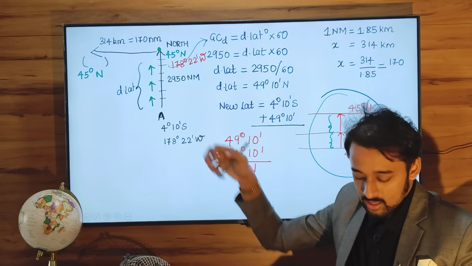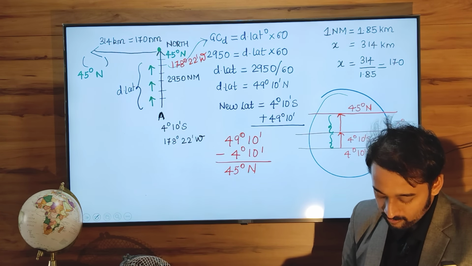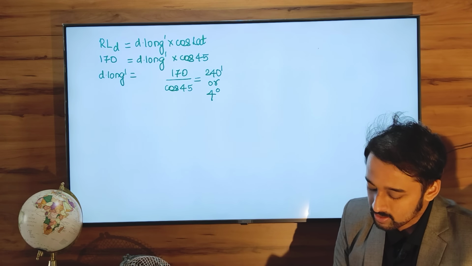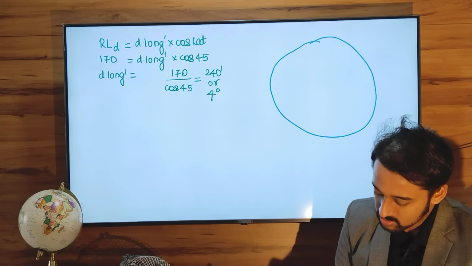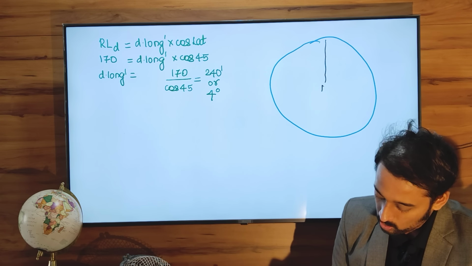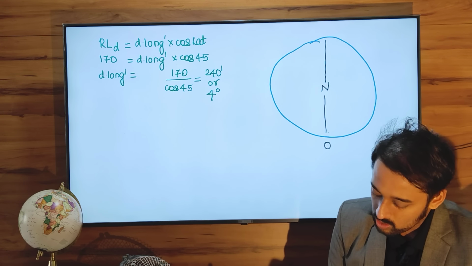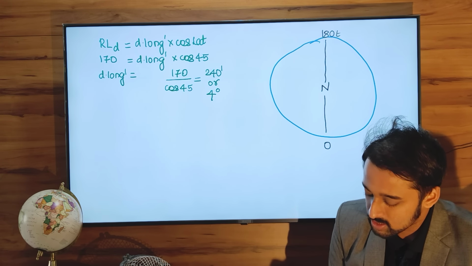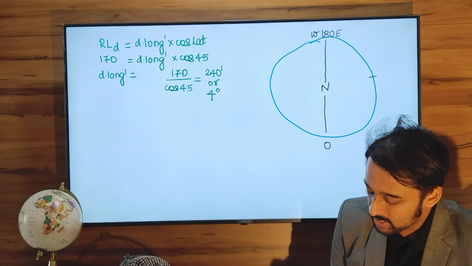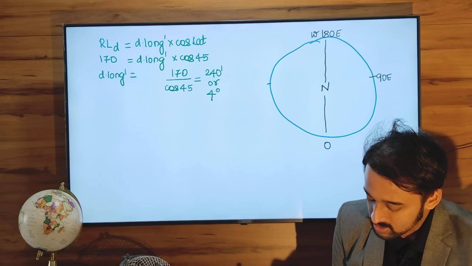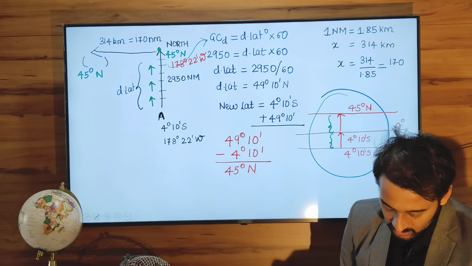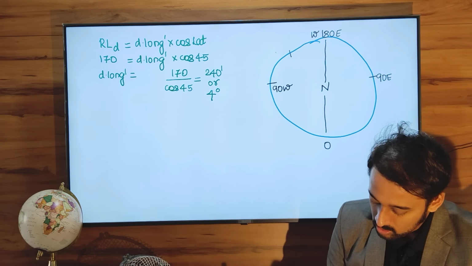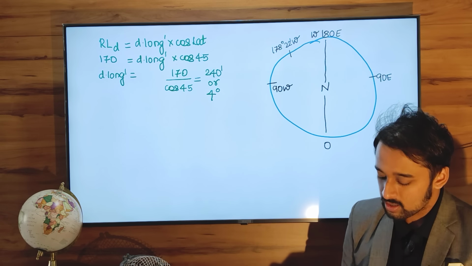When you go there, the longitude will be different. So let's plot it. North 0, 180 east and west, 90 east, 90 west. Our initial longitude is 178 degrees 22 minutes west.